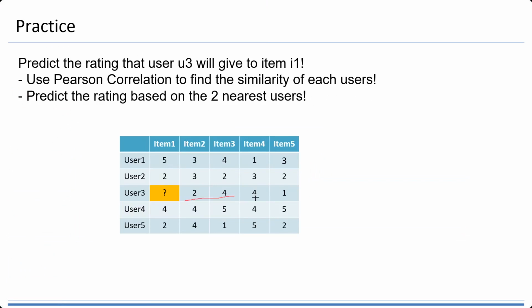Okay, so 2.3 something, it is based on the average of this one, plus the similarity of the user 2 and the similarity of the user 5. Okay. So you can try with the Excel this for your understanding about how to calculate the person correlation and the prediction.